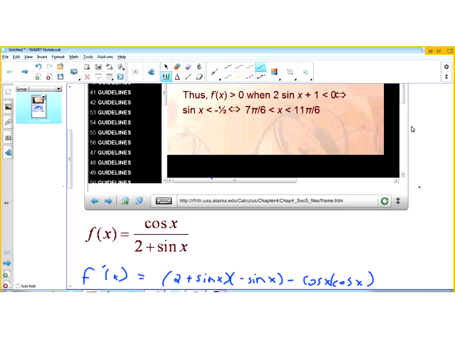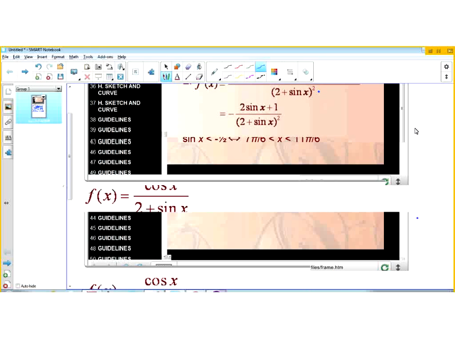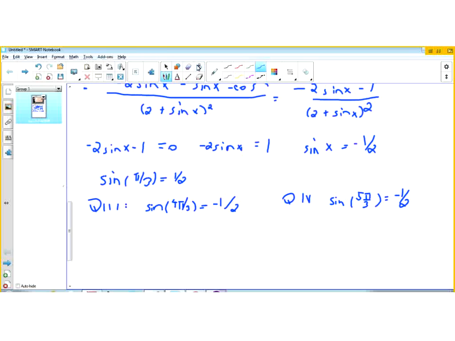Is that what they came to the conclusion of? Oh, no, they said it's not pi thirds, it's pi over 6, sorry. So we'll make that pi over 6. I got my reference angles backwards.